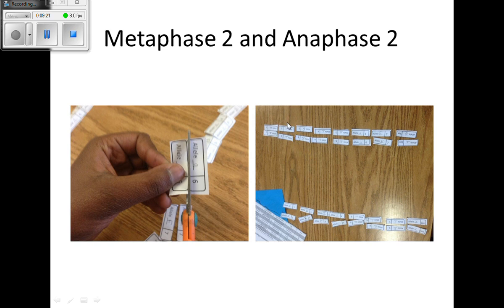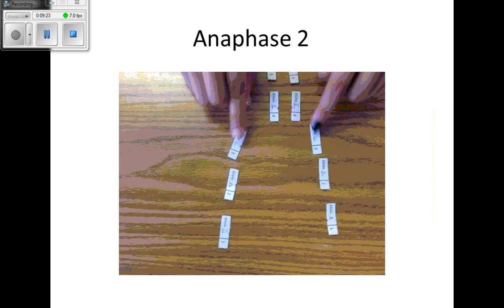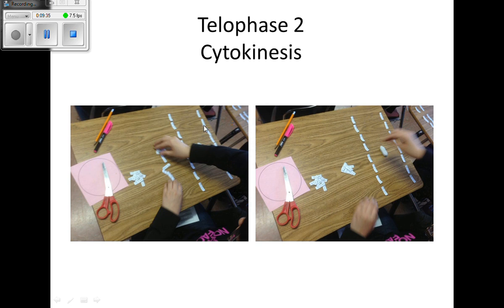You can do 1 cell at a time. So you will pull the sister chromatids apart in anaphase 2, and you will do that for the other cell that's at your desk. And eventually you will end up with 4 rows of individual chromosomes, chromatids.